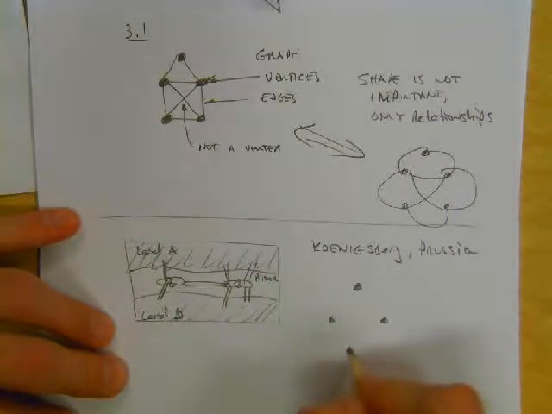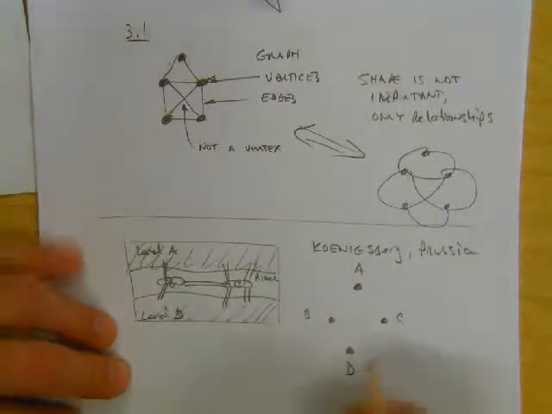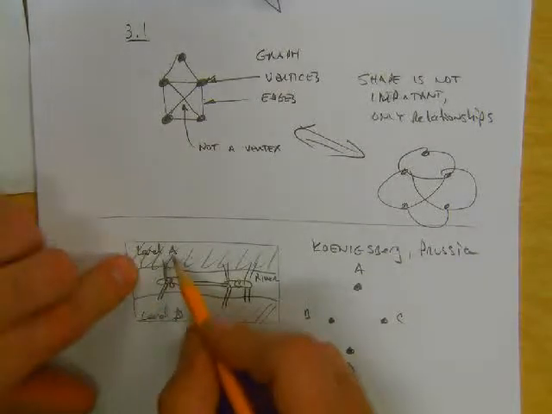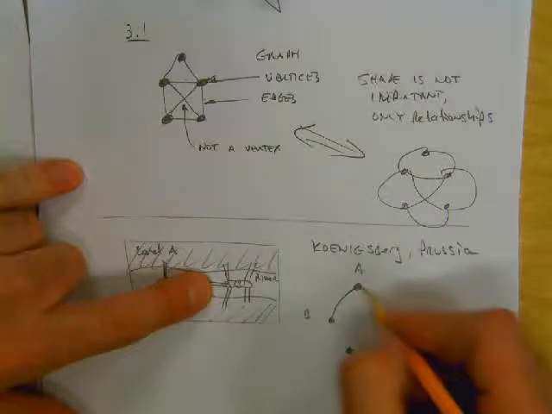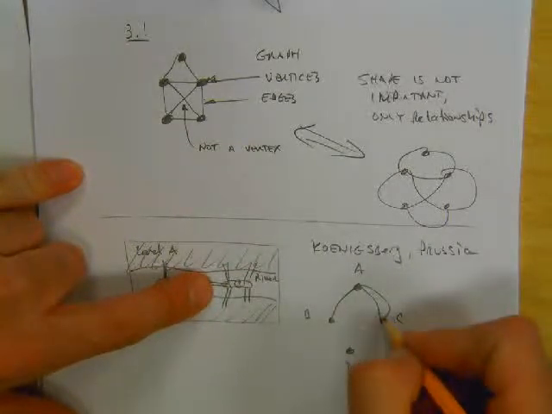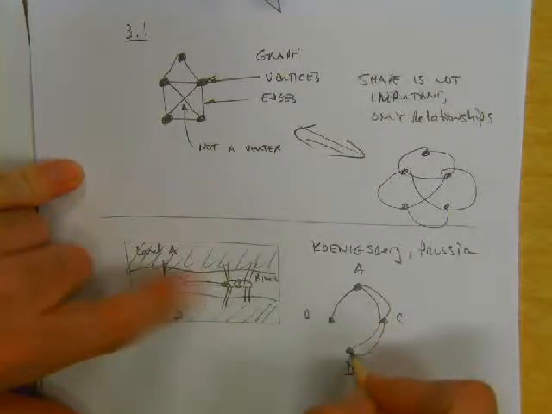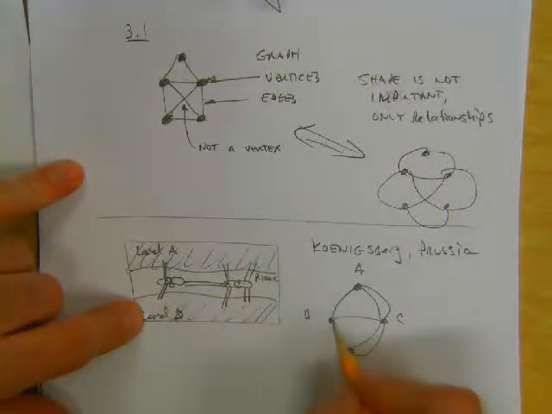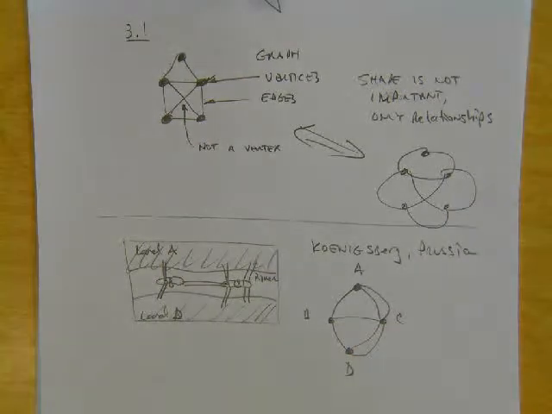So I'm going to label those A, B, C, D. Now, if you look at your graph here, land A is connected to B, and it's connected to C twice. C is connected to D twice, and it's connected to B, and then B is connected to D. And so there is a graph of Königsberg, Prussia.